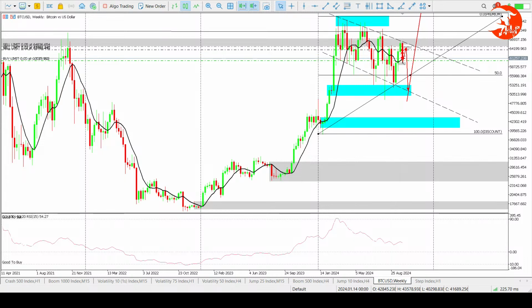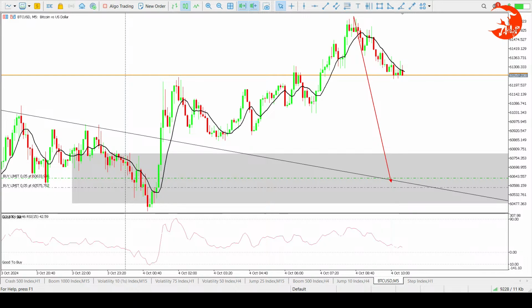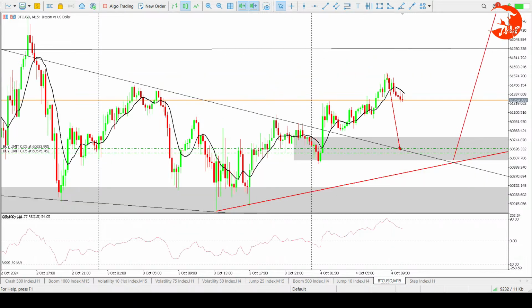Delete the fib on the weekly, and then come back to M15 and look at what price is giving you. Alright, yeah, the sale is on, and the sale is going to take us all the way down below here.